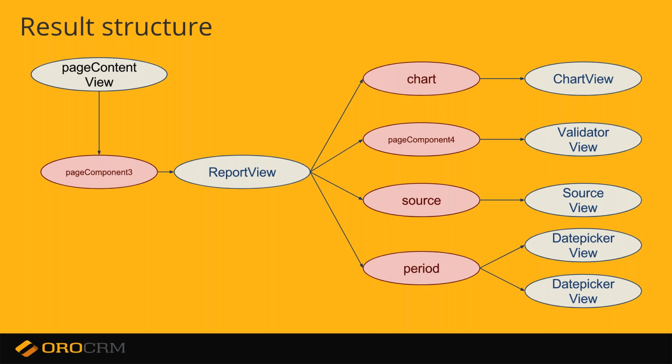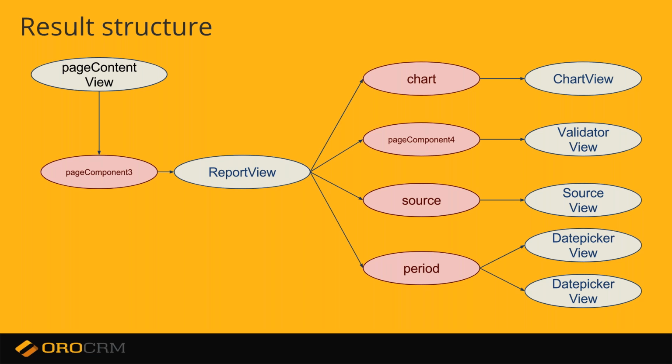Such a solution is hard to extend, and we need a bus that will allow us to communicate between control views and the chart view directly without relying on a mediating view.